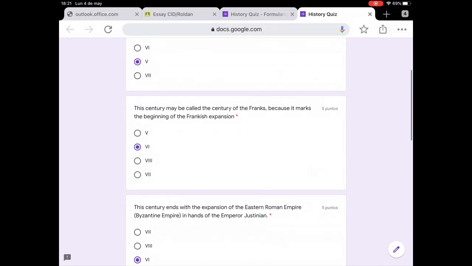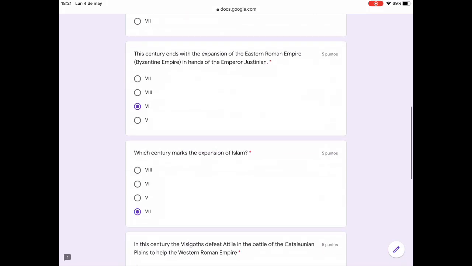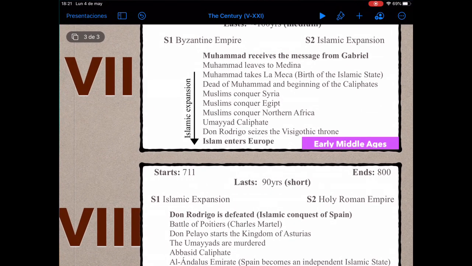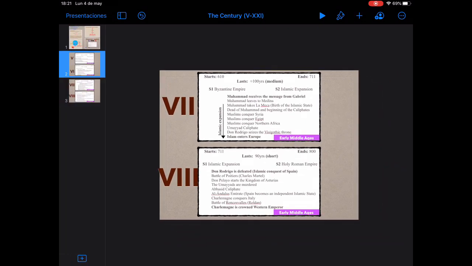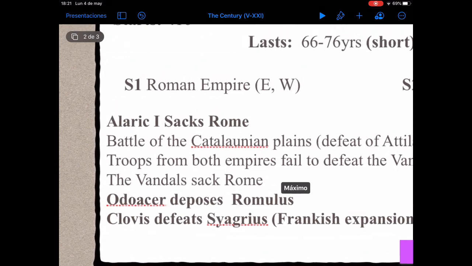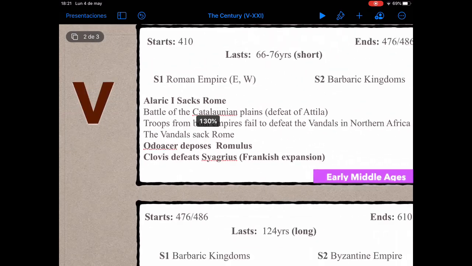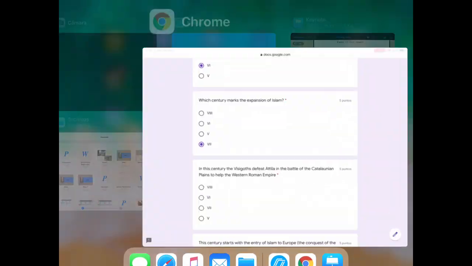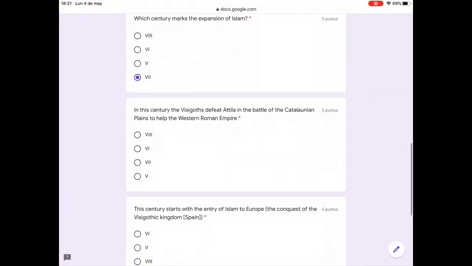So far, we have been going in order, right? 5, 6, 6, 7, and now this one is going to change because the Battle of the Catalaunian Plains is over here, in the 5th century, the second one that we have going from the upper part down. So that is going to be the 5th century over here.